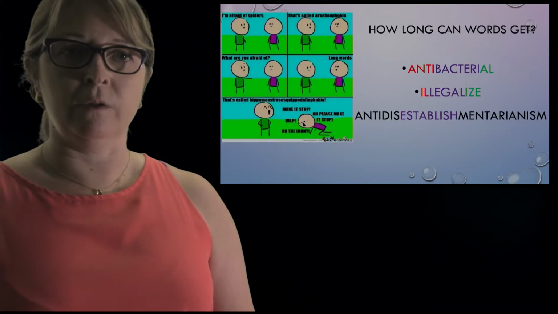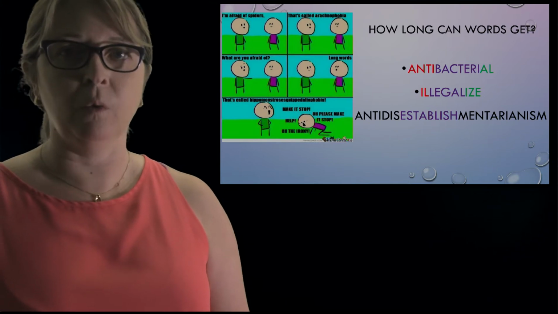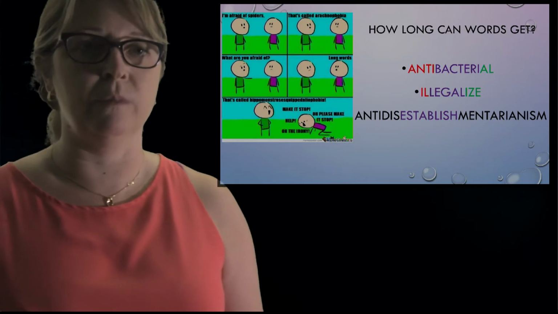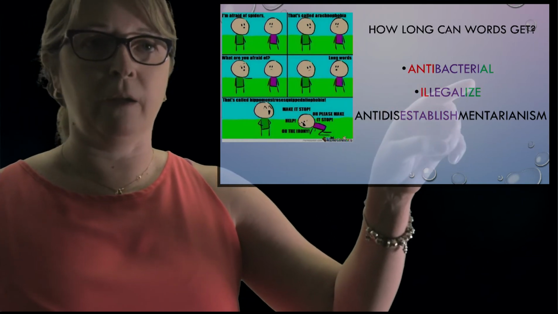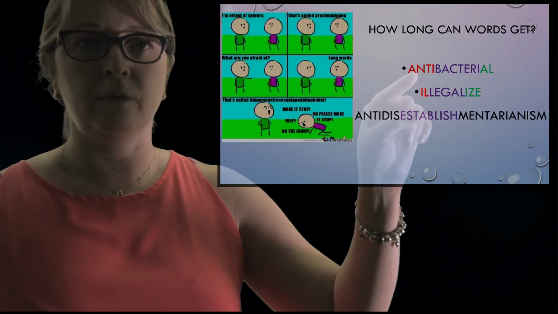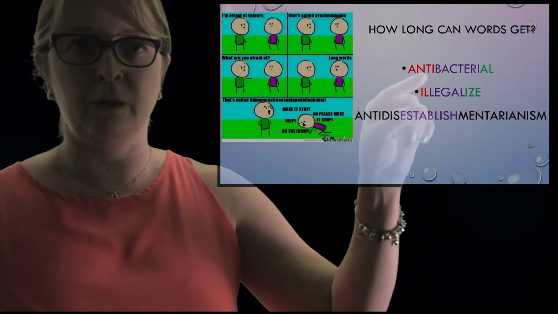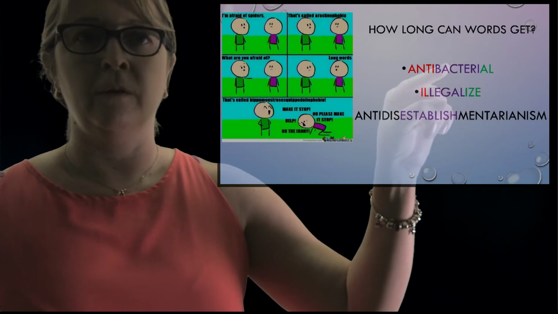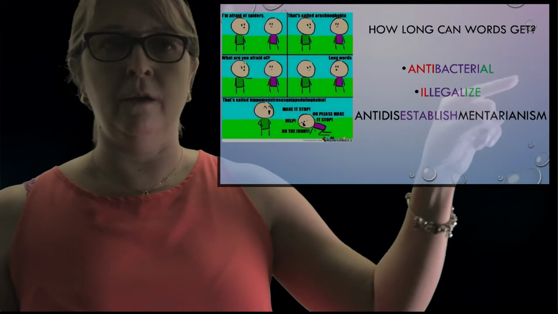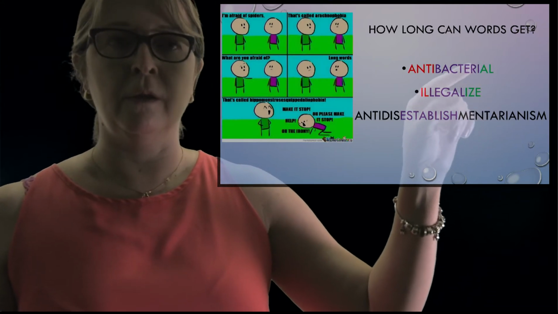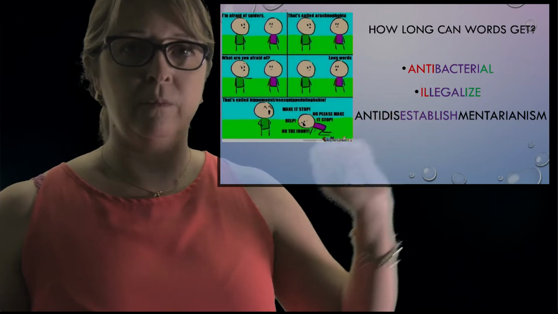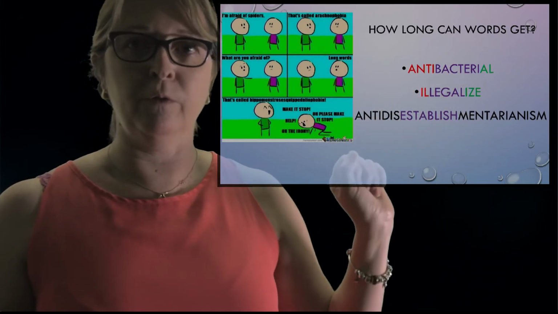How long can words get? Well, we looked at anti-establishmentarianism, that's 6 morphemes. We have antibacterial, which is 3. I hope you can see the red is a prefix. Bacteria is purple, that's the root. And then al is a suffix, and that's a morpheme. Is that a bound morpheme?